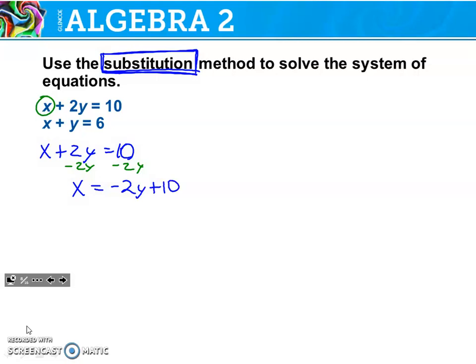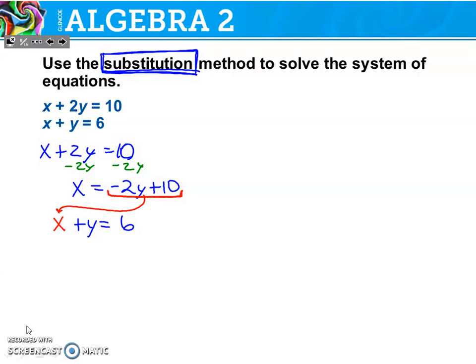I'm then going to take this negative 2y plus 10 and substitute that in for the x on this equation. The reason I can do that is because I know that x equals negative 2y plus 10. So therefore, if I have x plus y equals 6, I can take what x equals, right here, and simply plug that in for my x.